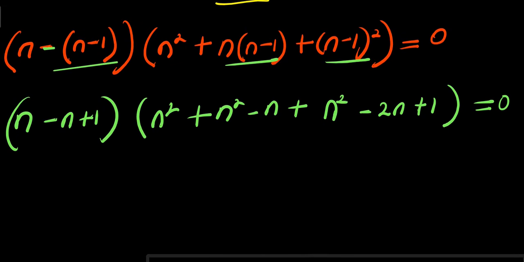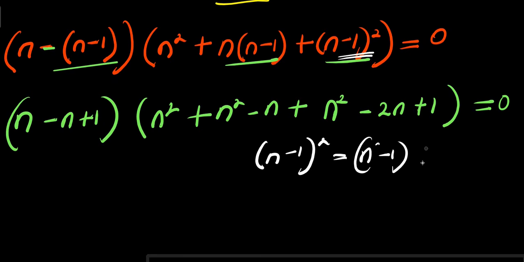Now I can just quickly expand this so that I know that you understand what I'm doing. (n − 1)^2 equals (n − 1) times (n − 1). So this will give you n^2, n times minus 1 is minus n, minus 1 times n is minus n, and minus 1 times minus 1 is plus 1.